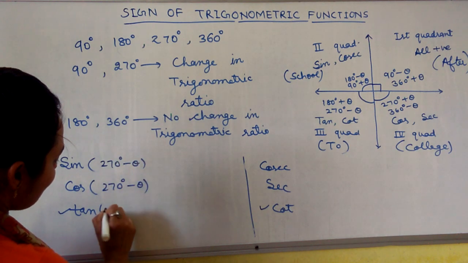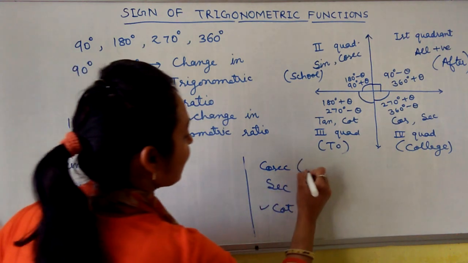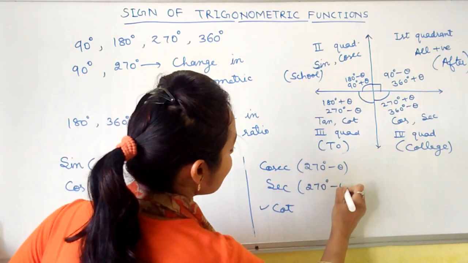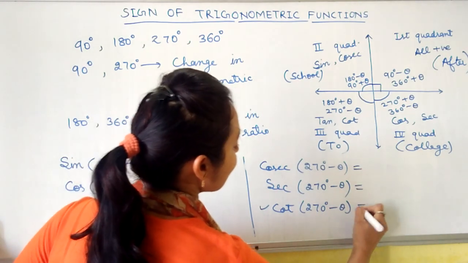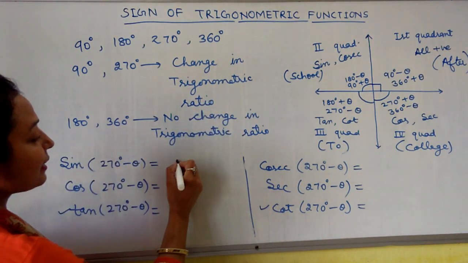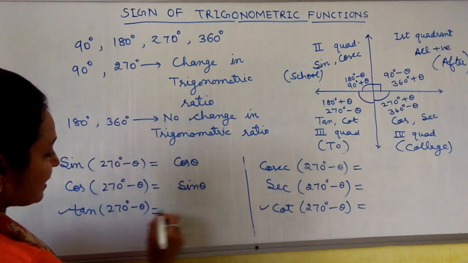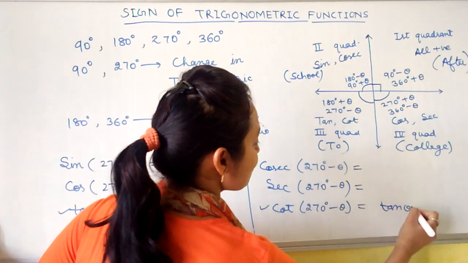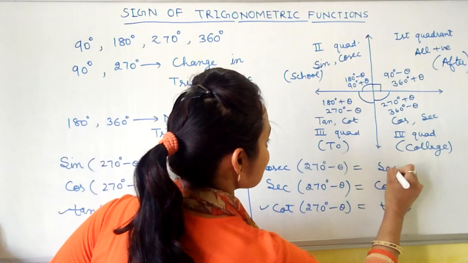How will the value be changed? At 270 the ratio changes, that means sine is converted into cos, cos into sine, tan into cot, cot into tan, secant into cosecant, and cosecant into secant.